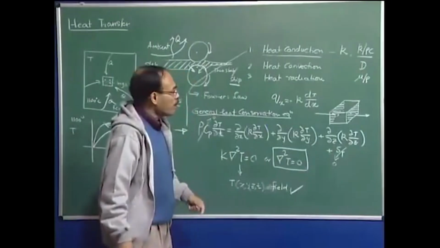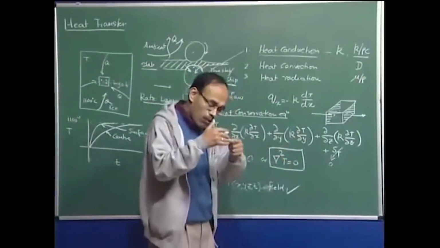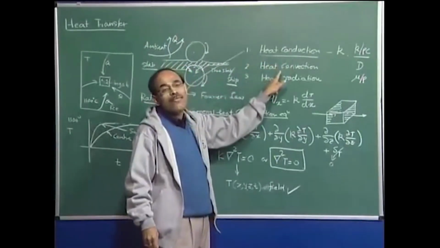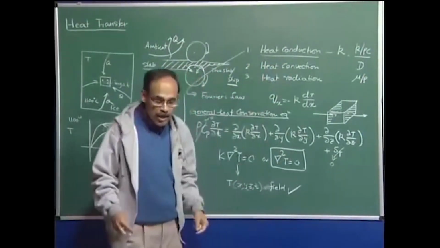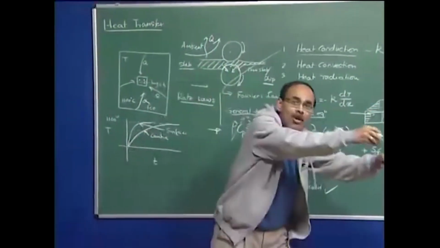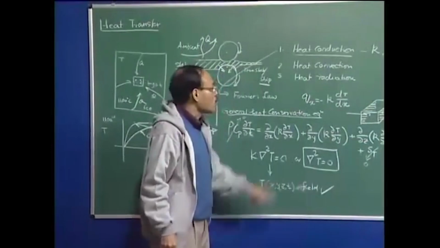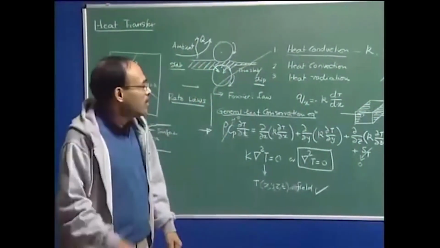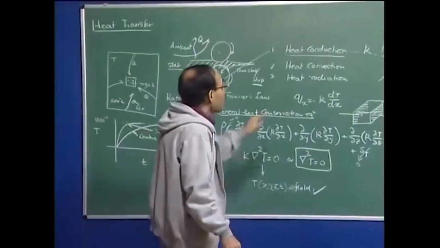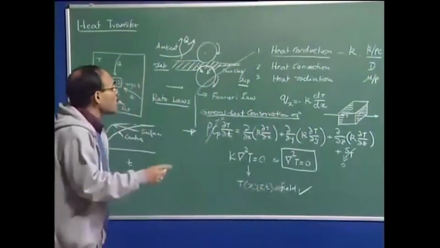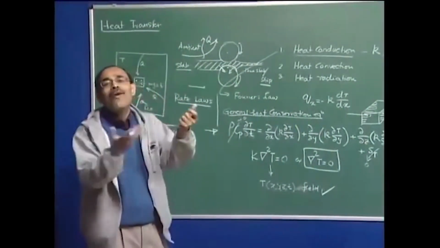But within a liquid, when heat flows from one point to another point, we have both heat conduction and heat convection, both are operational. Of course, if the transport is occurring over a very large distance, it is convection that predominates over diffusion or conduction, but nevertheless it is not correct to neglect conduction, particularly as you will see when we are talking of flow of fluid near a wall.